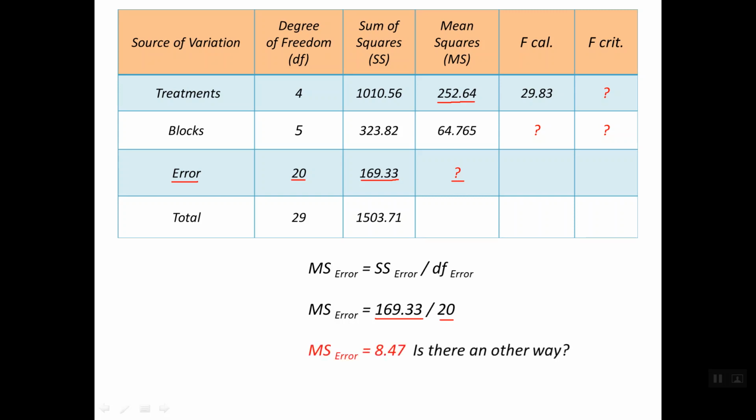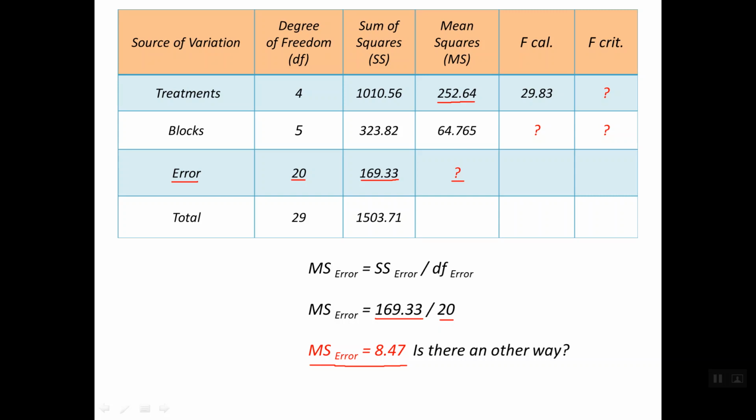So the value of the mean square for the error is simply 8.47. Again, we have a short question. Is there another way to find the value of the mean square for the error? Of course, there is a way.